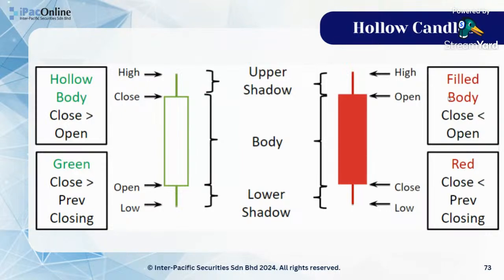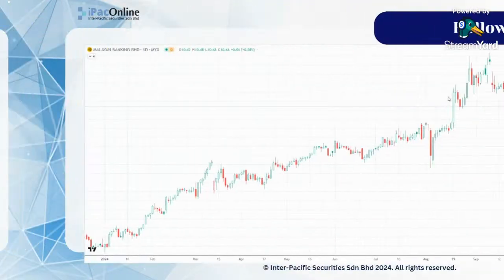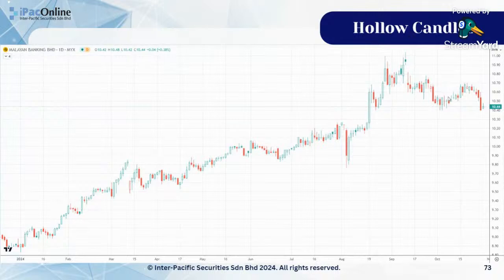It opened higher today, but at the end of the session, it wasn't able to hold above the opening price, meaning the buying momentum could have faded off, and selling pressure, profit taking might have come in, and in the end, the share price closed below the opening price. Okay, with that, we will get a green filled body. Never mind if you're confused, we have charts to help you later.